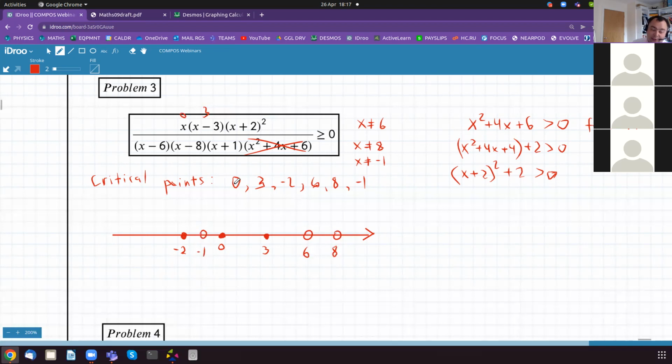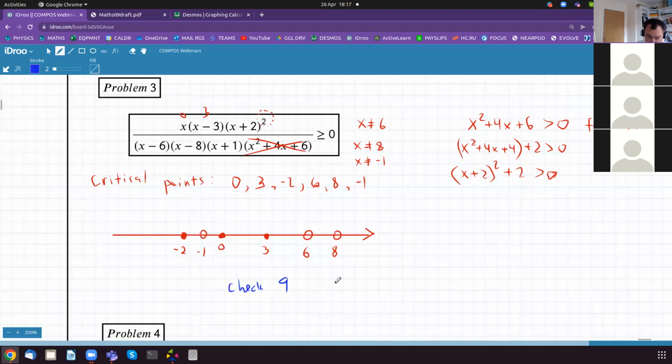Now, we know that the function will change sign at every point except -2. At -2 the sign does not change because of this square. We've established this in the previous one. But if you're in doubt, you just check any number from the interval. So check 9.